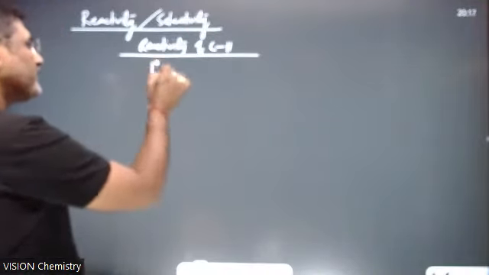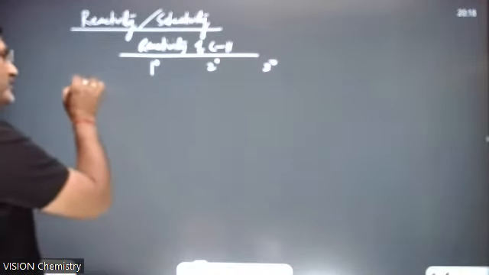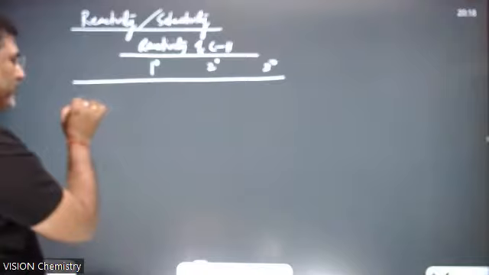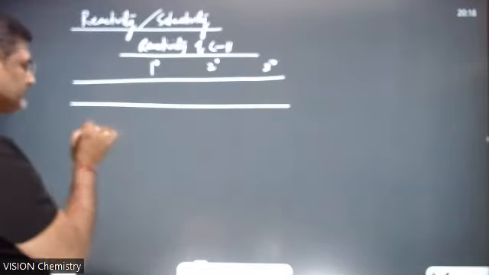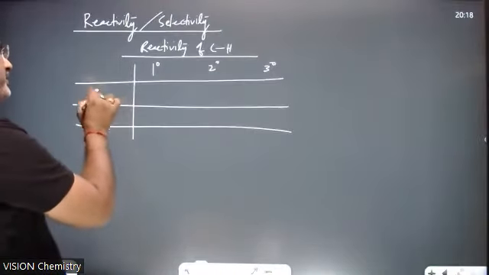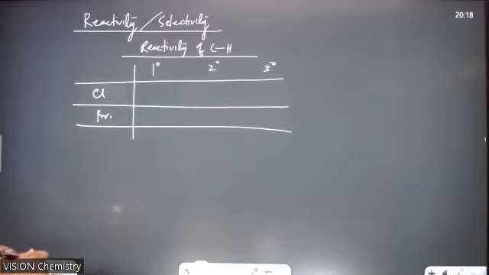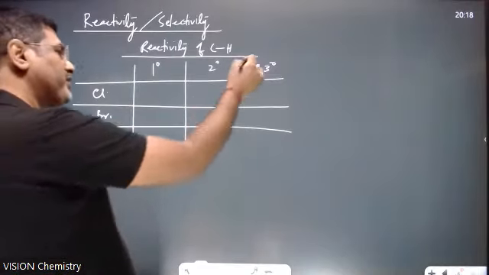This one is primary, this one secondary, this one tertiary. But unfortunately, there you get different data for the chlorine and for the bromine.